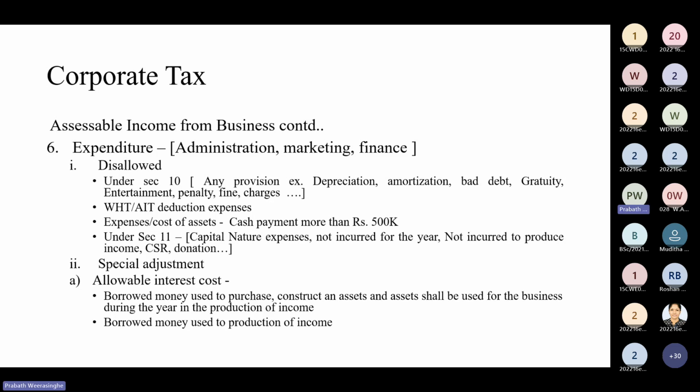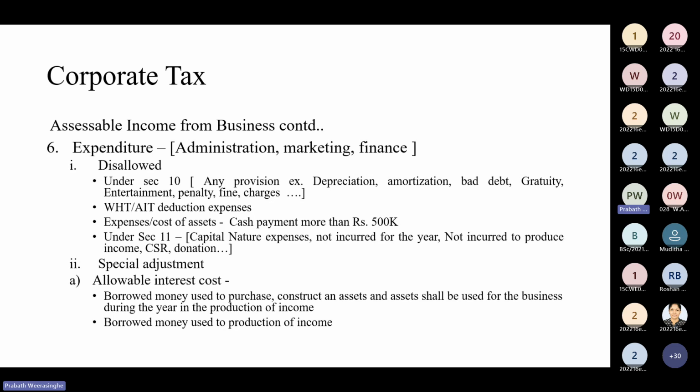A simple example: we are making a royalty payment for the use of intellectual property rights. When we are running a business, say a trademark or some type of patent right or copyright, whatever it is, if we are supposed to deduct withholding tax at 14% and we fail to deduct, we cannot deduct that particular expenditure, even though it is directly involved in generating profit for the production of income.